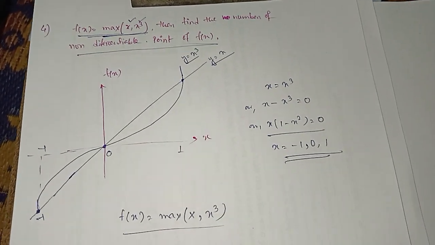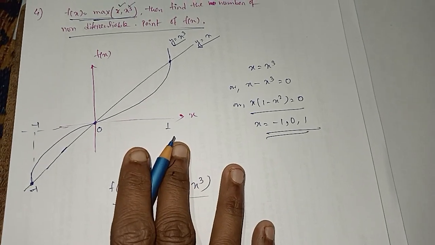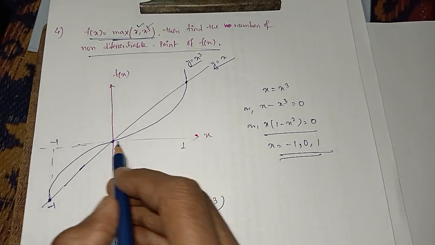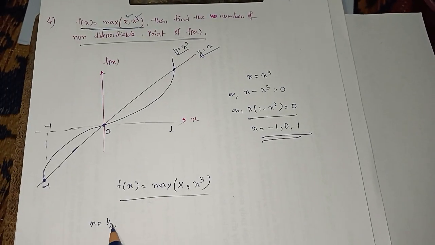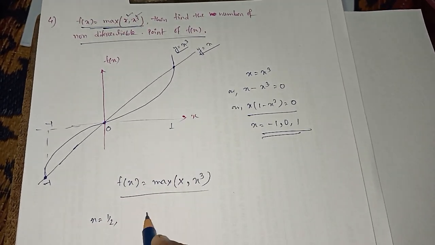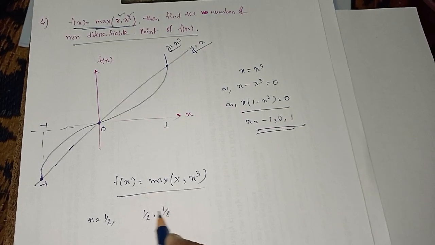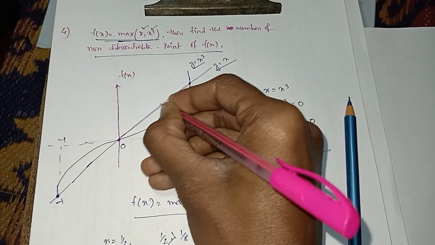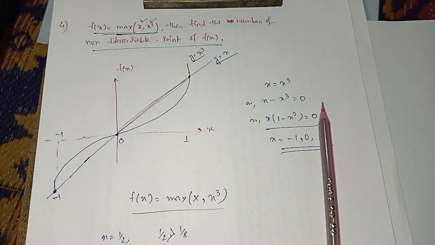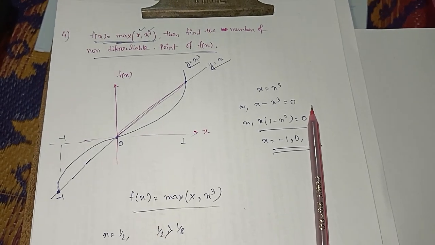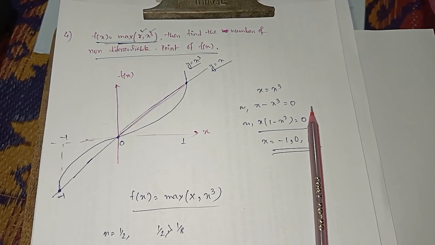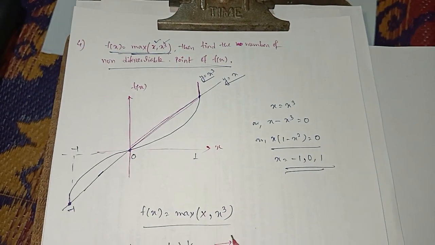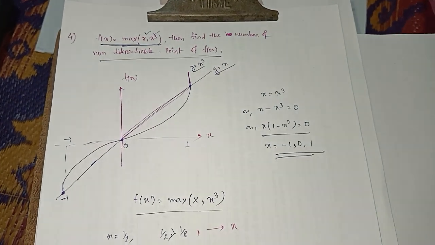If we take x equal to 1 by 2, that is half, then x cube is 1 by 8, so x is greater, and from this side we take x. If we put the value 2, then we get 2 and 8, so x cube is greater. From there we take x cube.